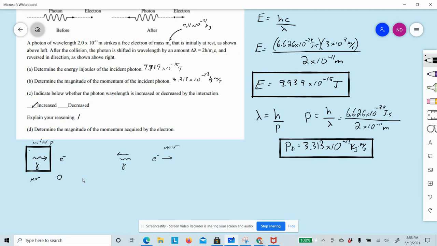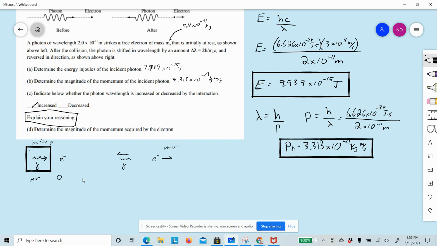And this is how I'm explaining the reasoning here. Since momentum is conserved, if the electron, which had zero momentum to start, gets some momentum, it's going to take momentum away from that initial photon.